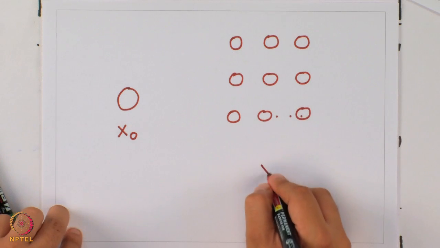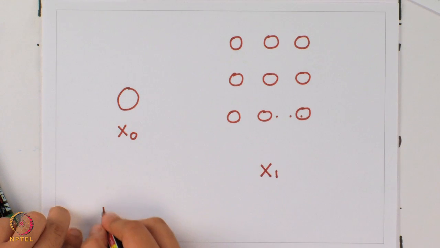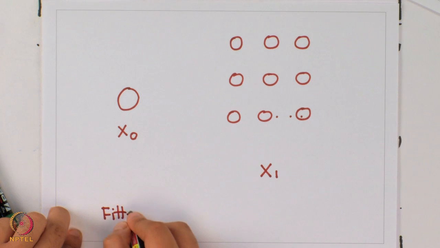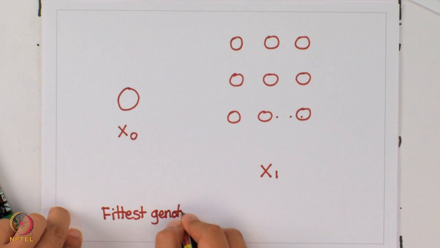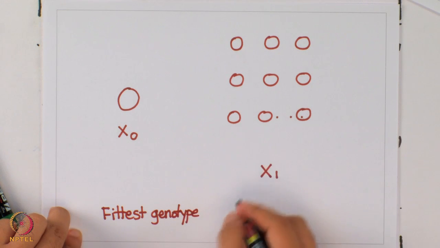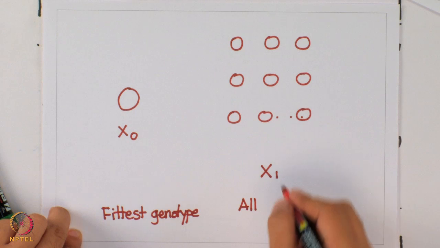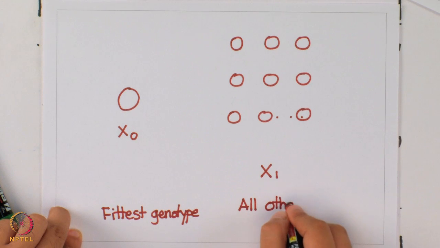Right. These are x1, this is the fittest genotype, and each node here represents a genotype, and together this is all other genotypes.